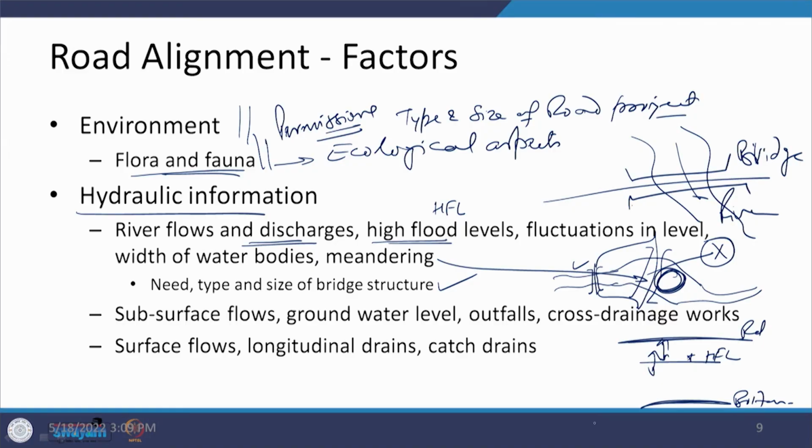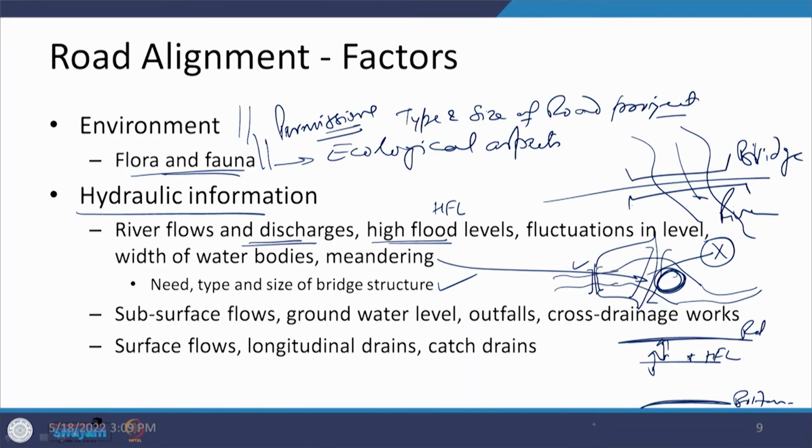So, we have to see whether there is a requirement of a bridge, what type of bridge needs to be provided, what is the type of the structure, how many spans, how much width, etc. They become the related associated factors which have to be taken into consideration when you are talking about the alignment which passes through such bodies.